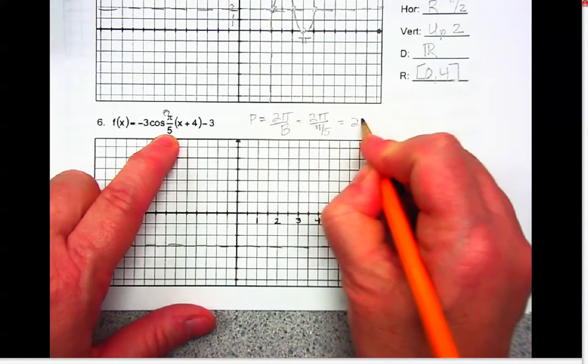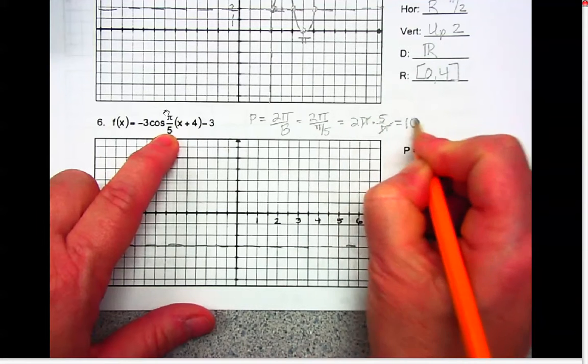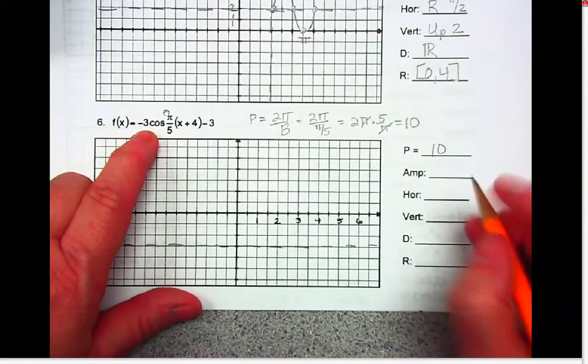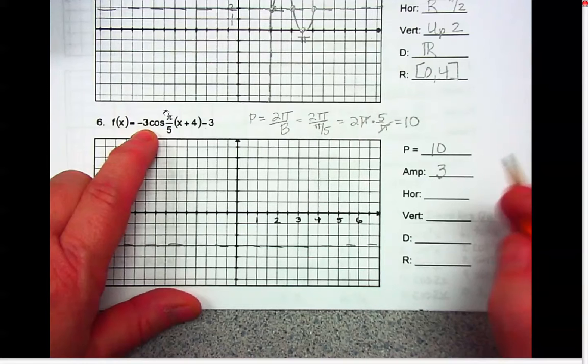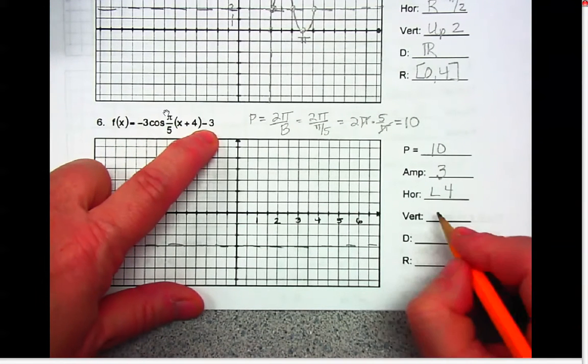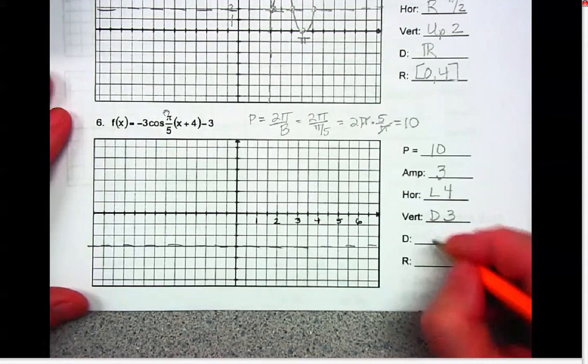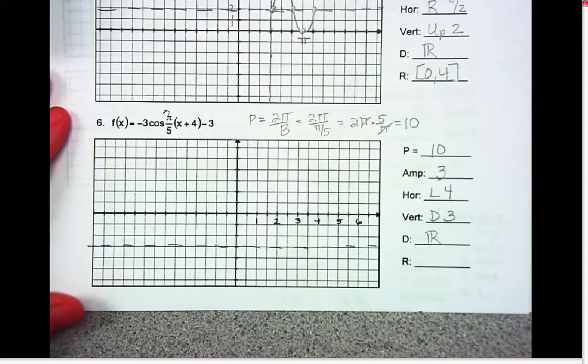So that equals 2 pi times 5 over pi, which equals 10. So the period is 10. The amplitude is 3. The horizontal shift is left 4. And the vertical shift is down 3, which I've already done. And the domain is all reals, and we'll do the range at the end.